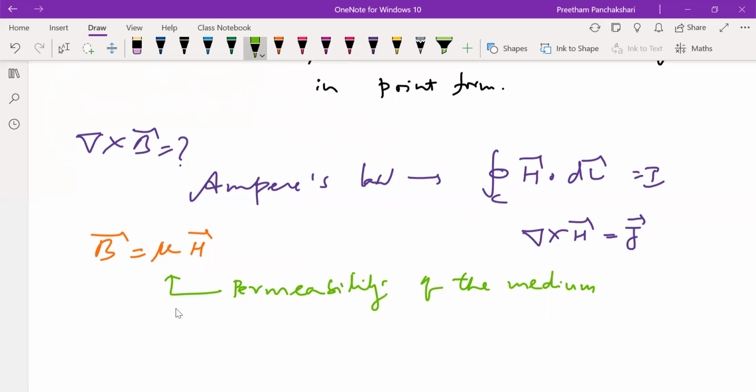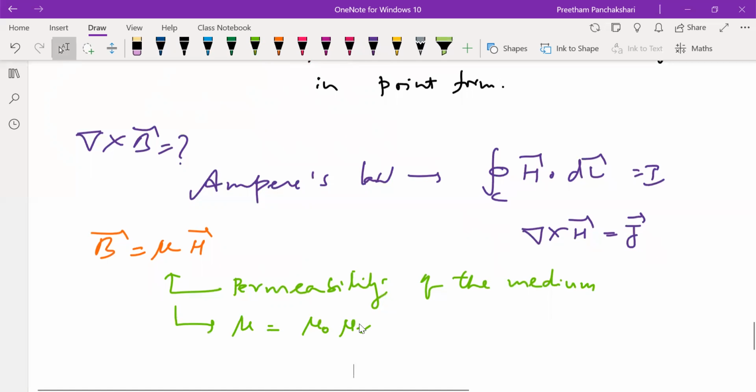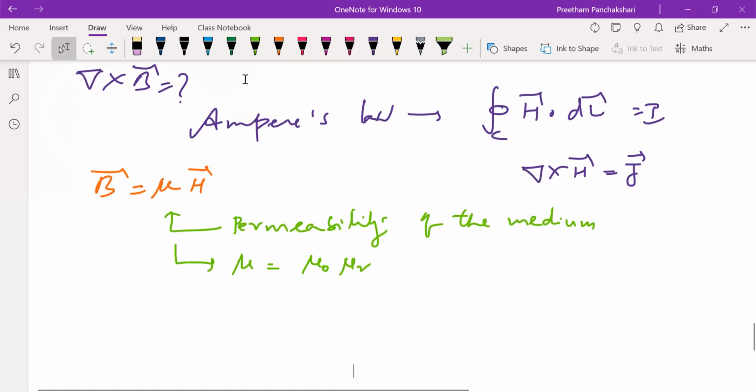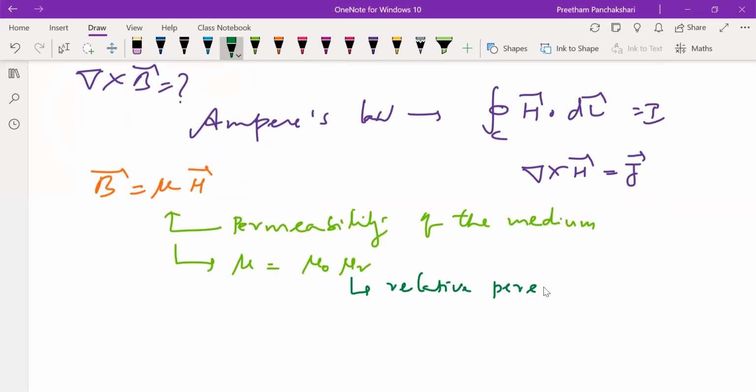And that is completely defined as mu naught into mu r. So we know what mu naught is and what mu r is. Mu r is relative permeability. It has no unit or no dimension.